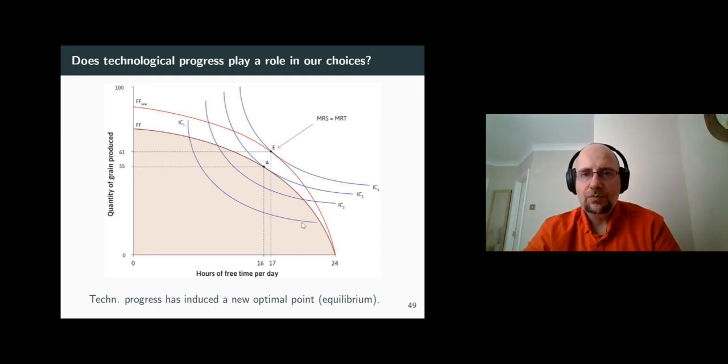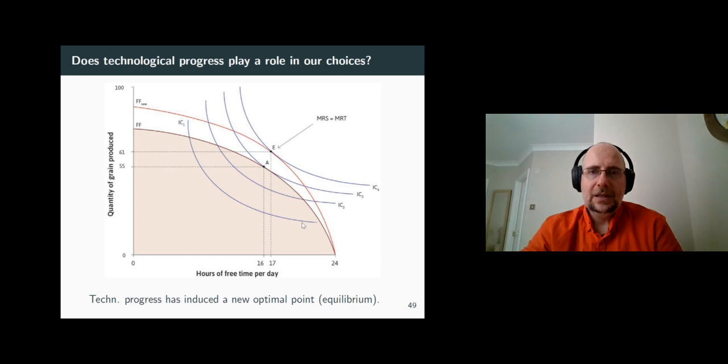As a result of technological progress, Angela can achieve both an extra hour of free time and more grain to consume and sell to the marketplace. So she's better off on all fronts, and her improved welfare was made possible because of technological progress.